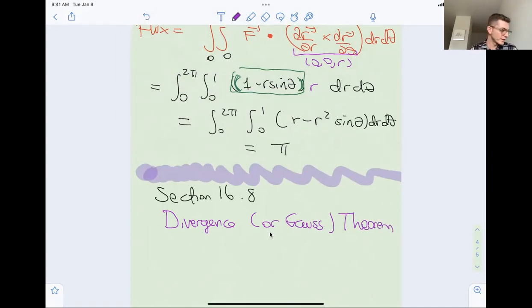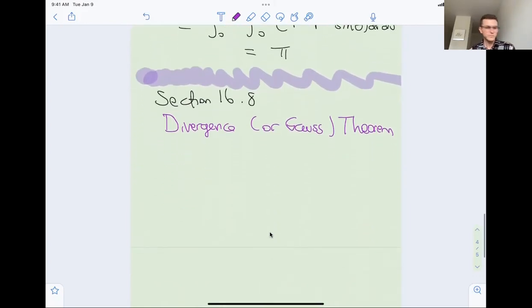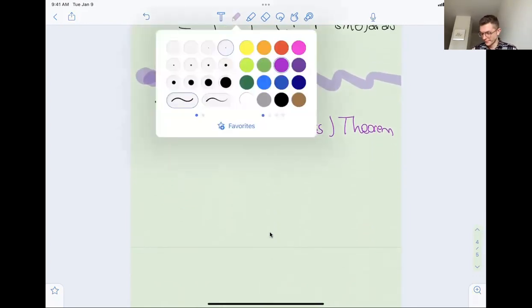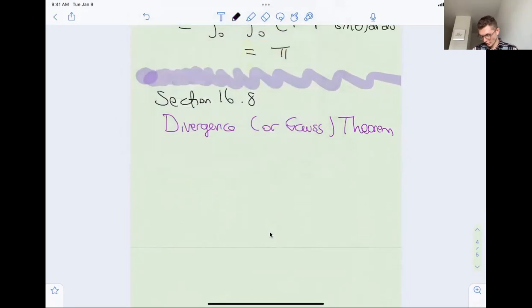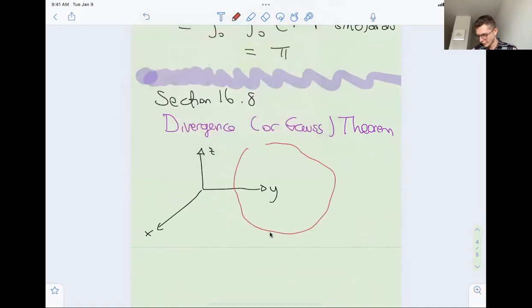And what it says is something very, very nice. It says the following: if you have a surface in space, think something like this.